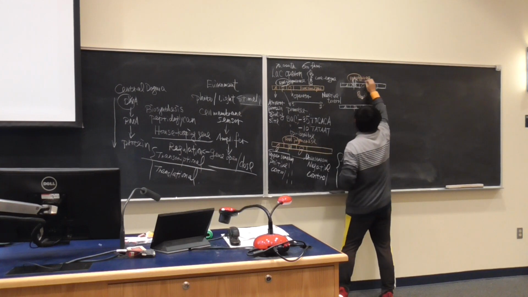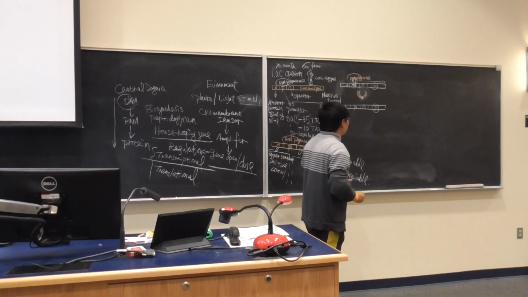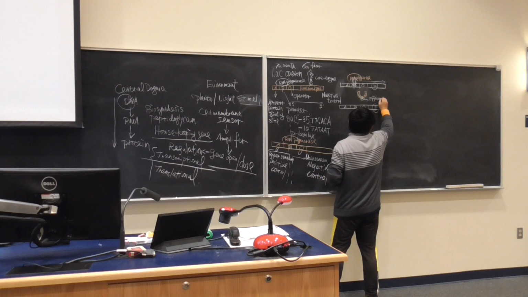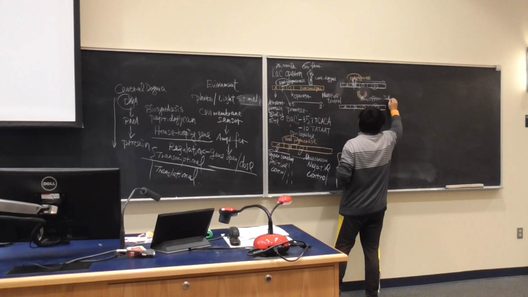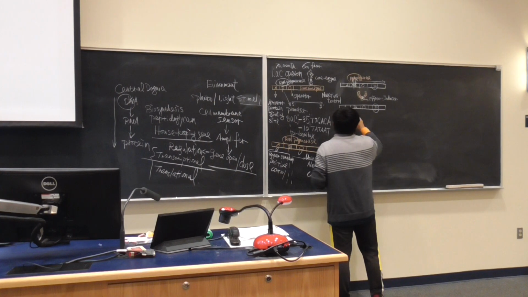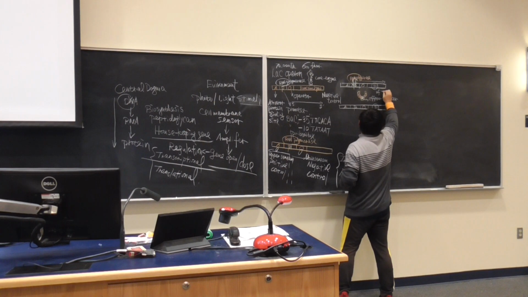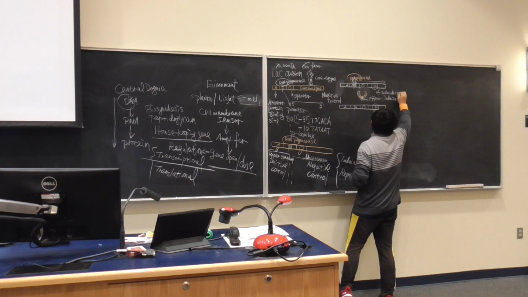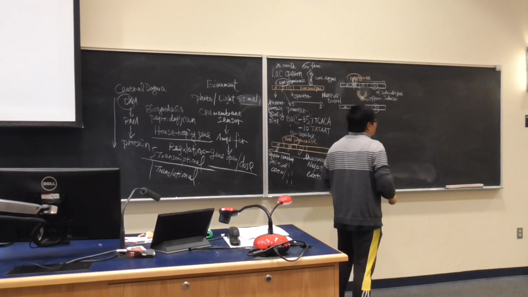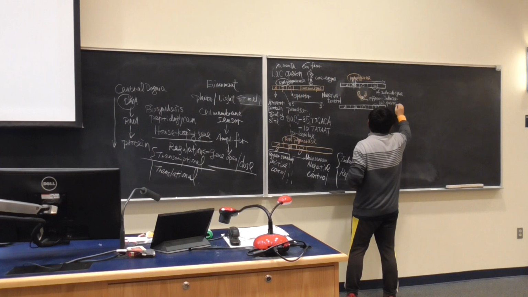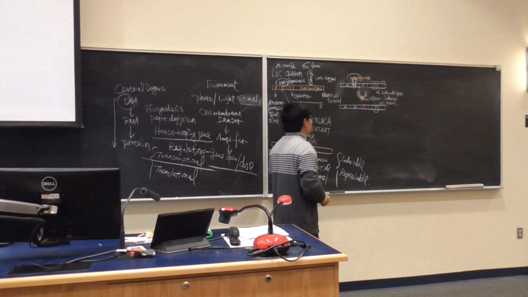Therefore, the transcription happens. At this moment, this effector we call the inducer. So this is called negative control of an inducible gene. A good example is the lac operon.